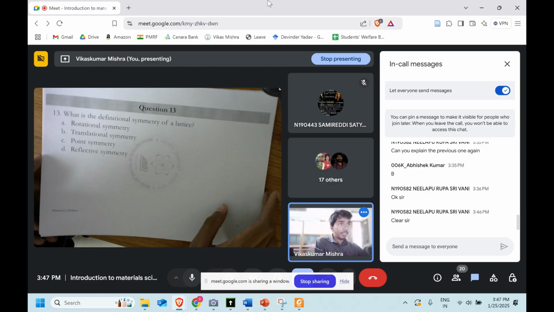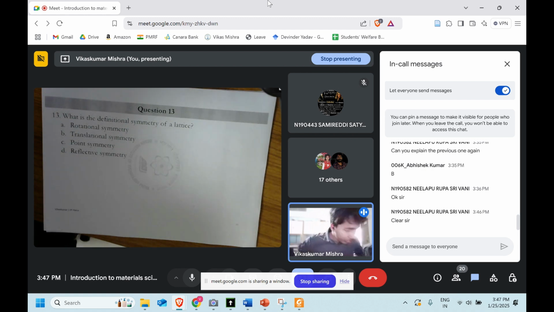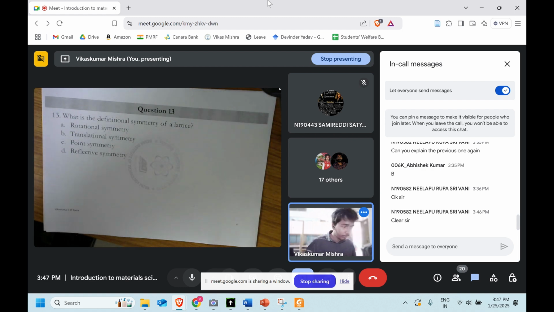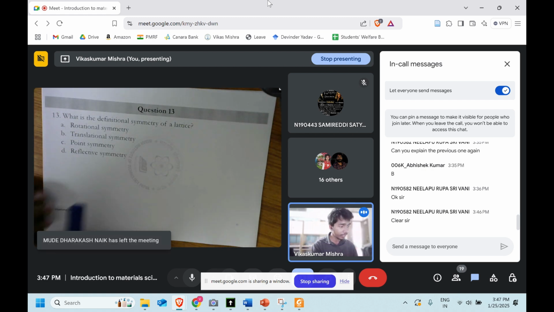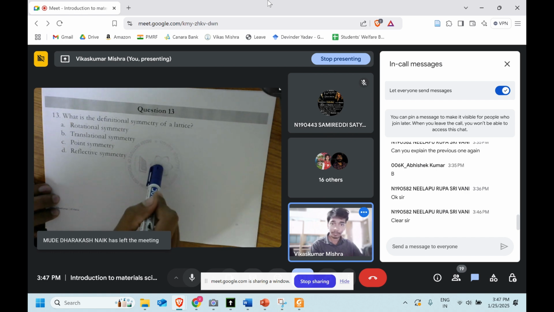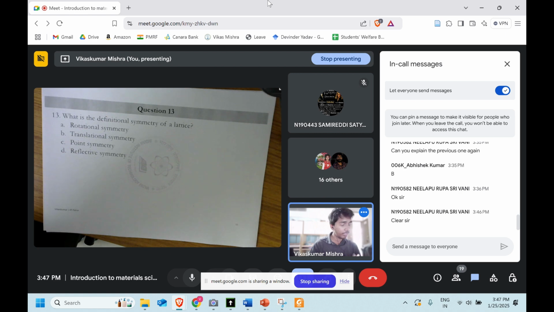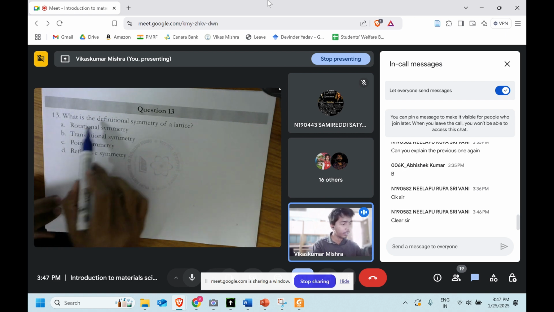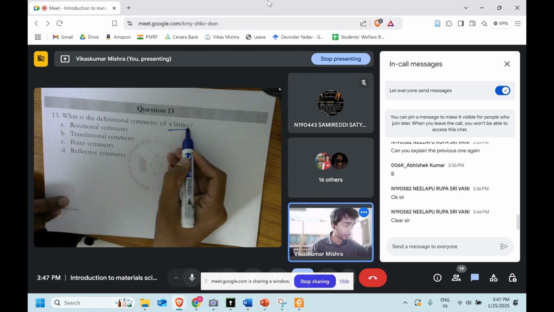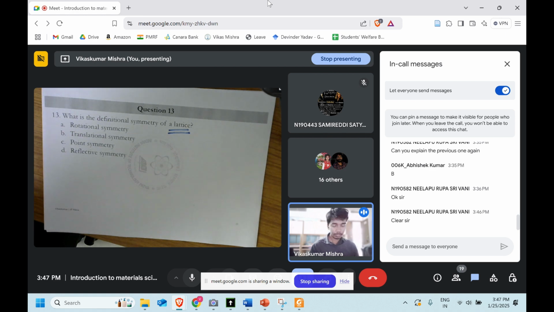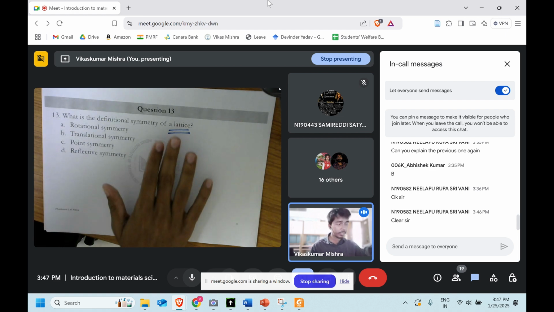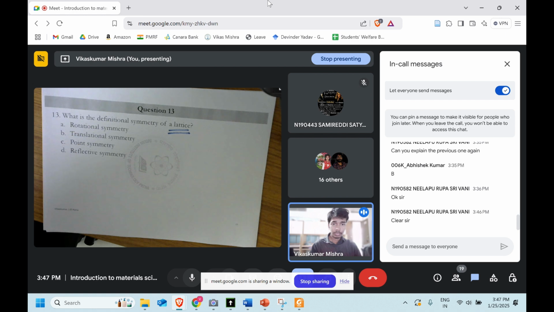Since we are doing all these questions, these questions we have already answered. So now let's just see whether it is in our mind or not. What is the defining symmetry of a lattice? Whether a particular lattice will exist or not, what defines the lattice to occur?